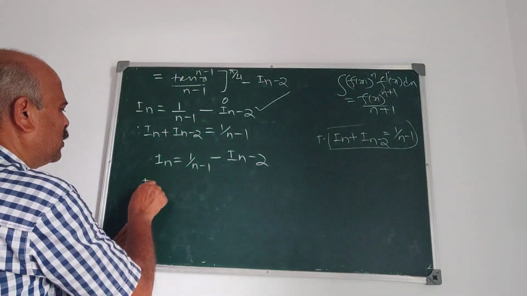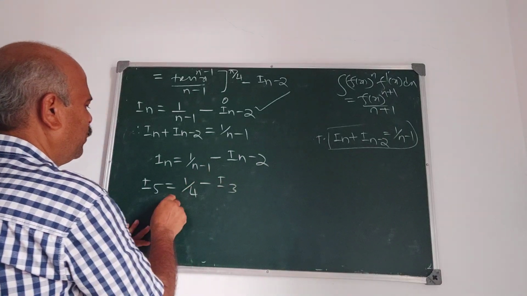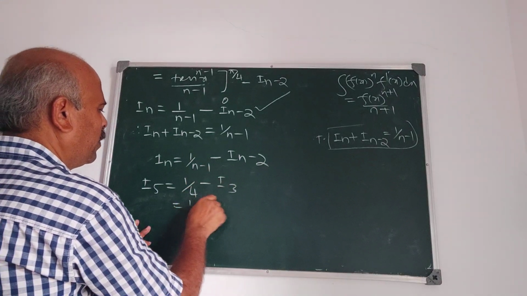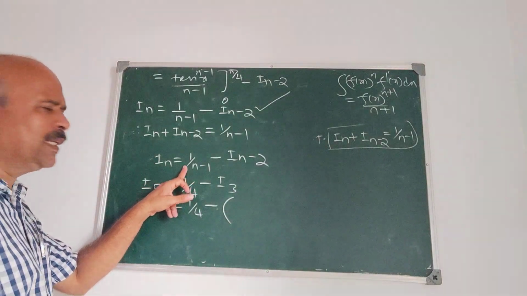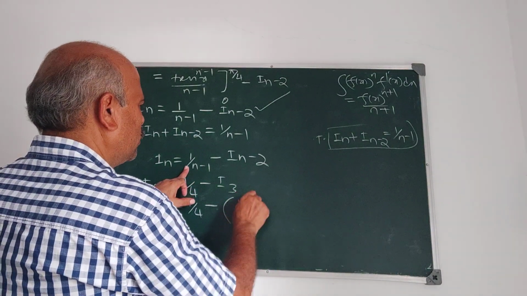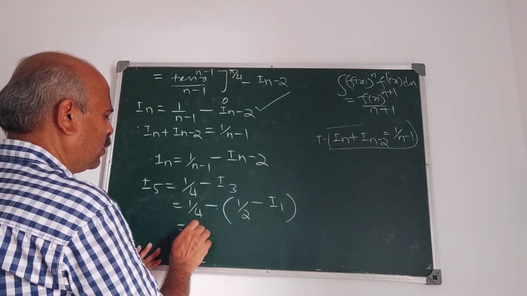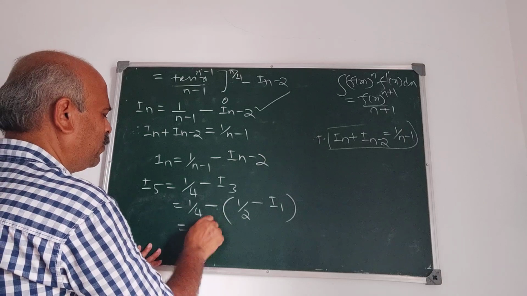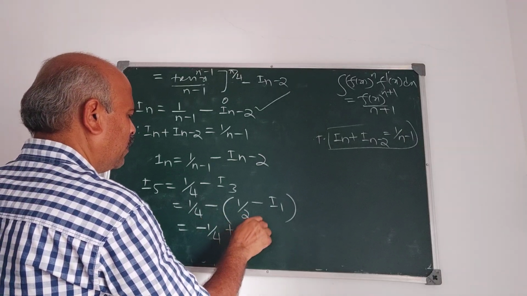Therefore, I5 is 1 upon 4 minus I3. What is I3? Again the same formula, you substitute n is 3: 1 upon 2 minus I1. Therefore, 1 by 4 minus 1 by 2 is minus 1 by 4, plus I1.